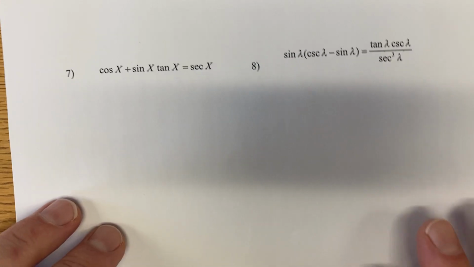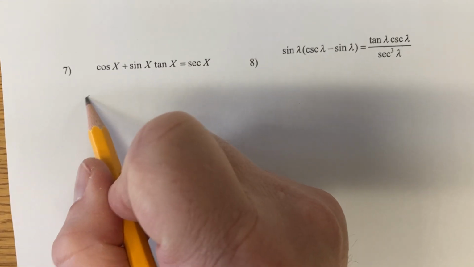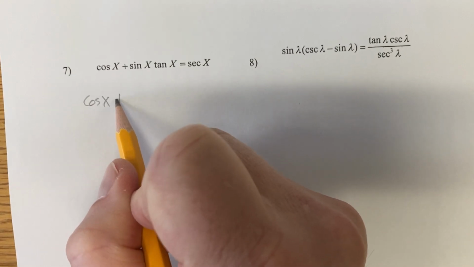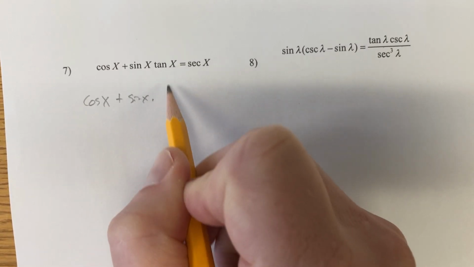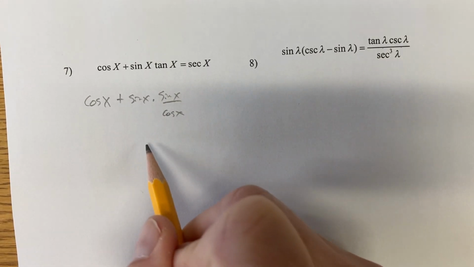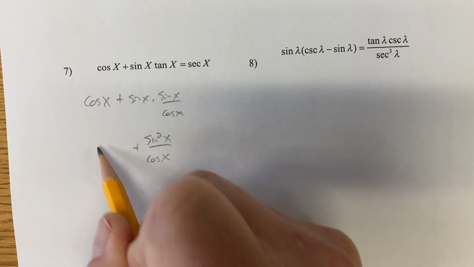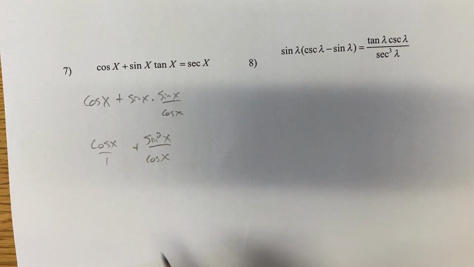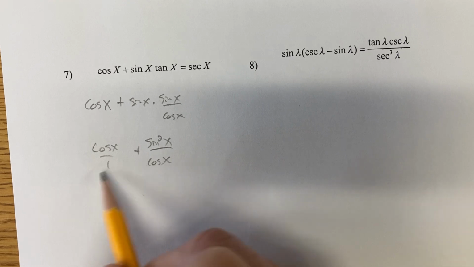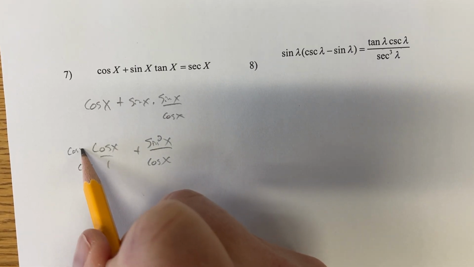For number 7, it certainly looks like this side's the more challenging one, so we'll go ahead and work on that. I've got cosine plus sine times tangent, which is sine over cosine. Okay, so if I multiply here, I'm going to get sine squared over cosine plus cosine. And I need a common denominator, which is going to be cosine here. So I'm going to multiply top and bottom by cosine x.